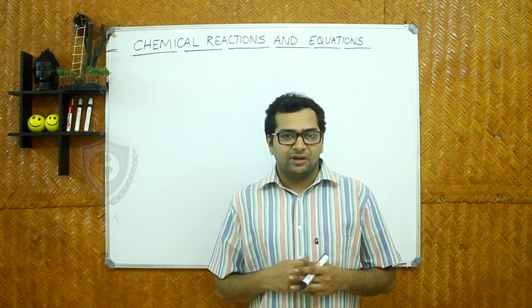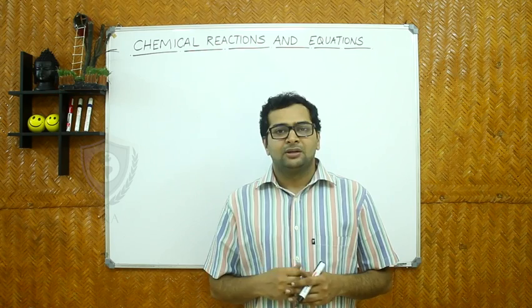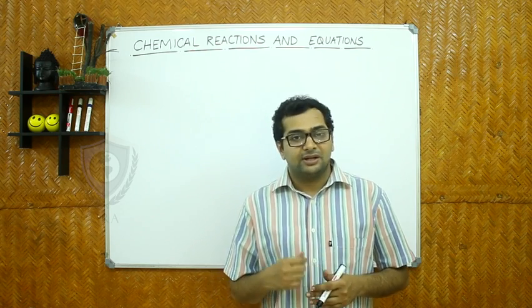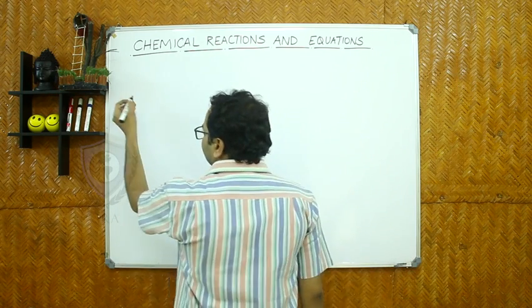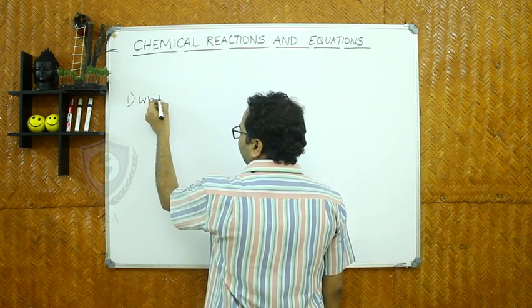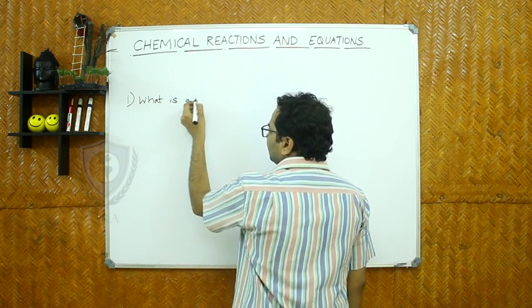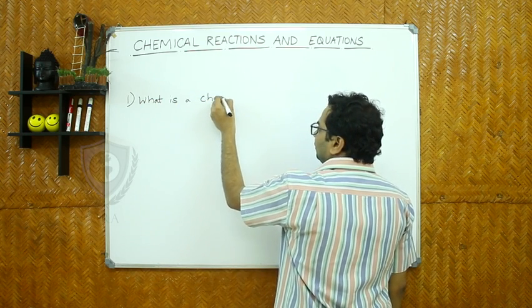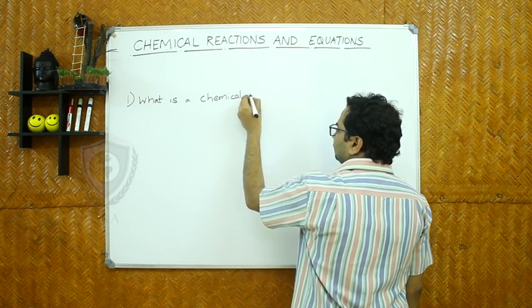So let's look at the first thing in our agenda, which is what is a chemical reaction. So let me just write it down. So our first topic is what is a chemical reaction.